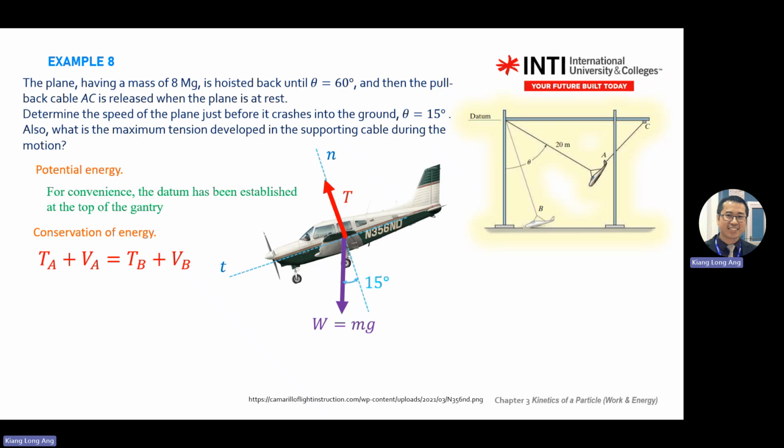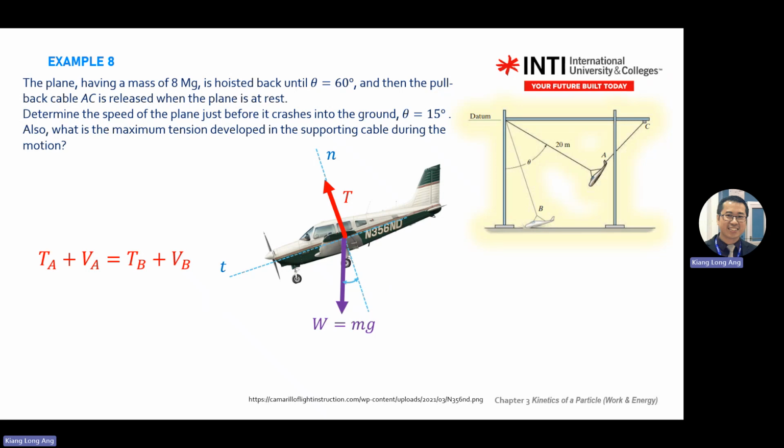Friction. Why is friction non-conservative?